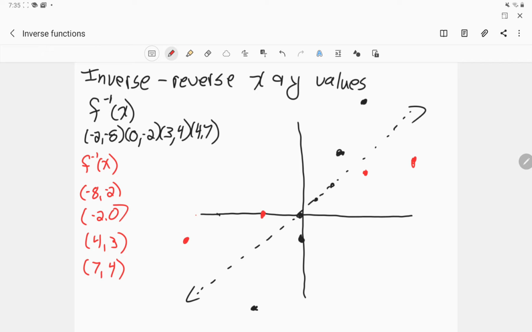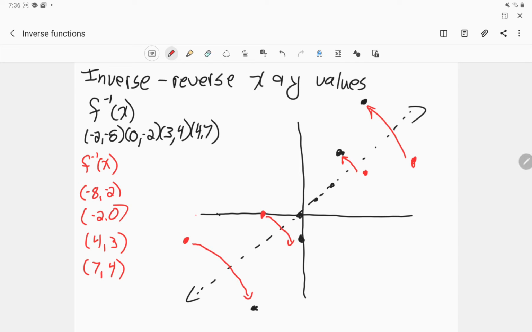Now, if you can picture this, if you were able to fold this graph along that y equals x axis, this red dot would fold over to touch that black dot. Same thing here, same thing here, and same thing here. When you fold along that y equals x axis, those dots basically meet up. They're going to touch one another when you fold the paper on the diagonal like that. So in terms of a picture, that's what happens.